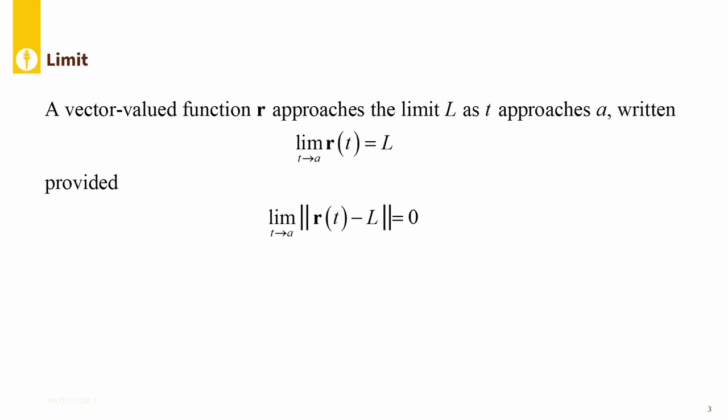R approaches the limit L as t approaches A, written that way, provided the limit as t approaches A of the magnitude of R of t minus L equals 0. And I need to correct those because those L should be bolded.